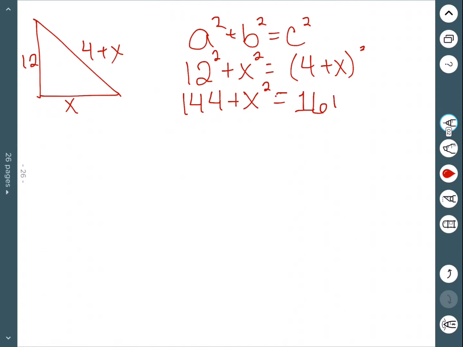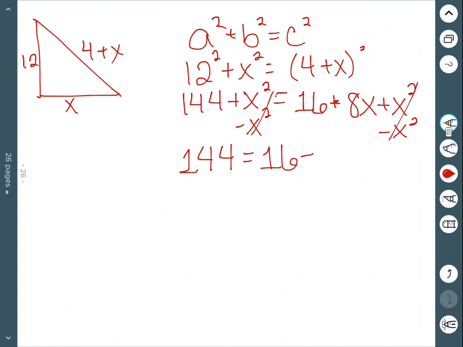plus multiply the 2, 4 times x is 4 times 2, 8x, plus square the last one. We need things together, so let's subtract the x squared from both sides, and we can realize that it actually canceled on both sides, which makes this equation a little bit easier.